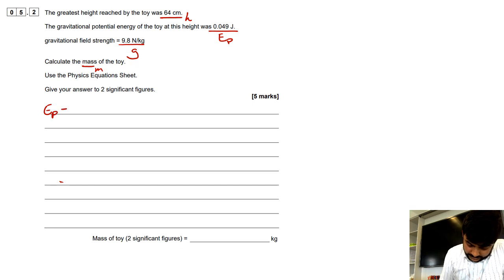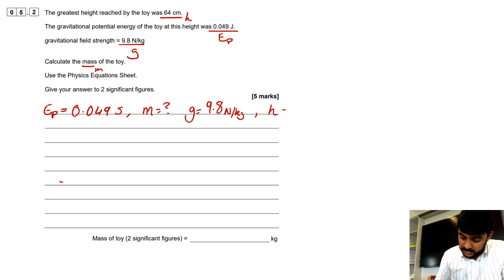EP is equal to 0.049 joules, makes sense. Mass, we don't know, which we're trying to calculate. Gravity is 9.8 newtons per kilogram. And height is 64 centimeters. That doesn't look right. It needs to be in meters.